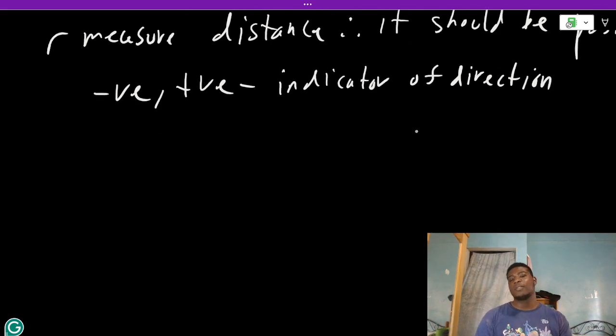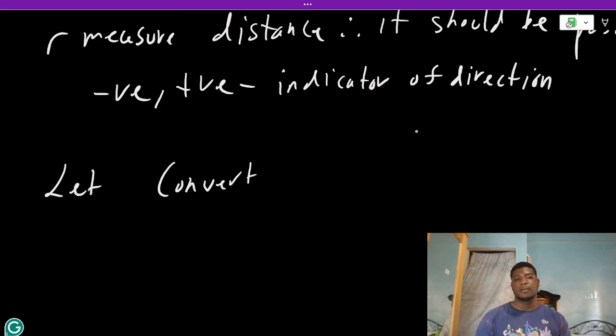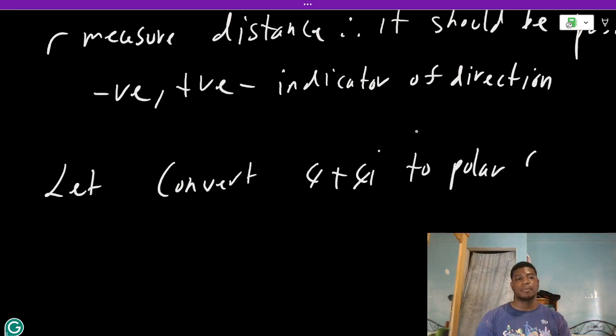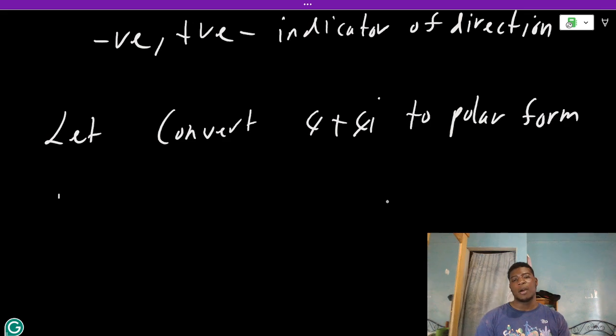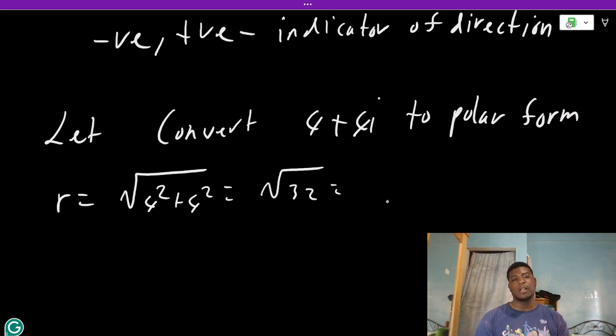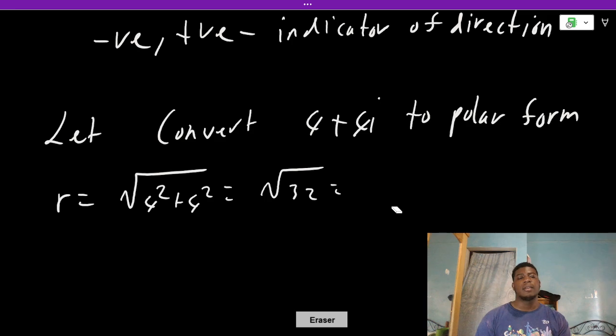Right, now let's convert 4 plus 4i to polar form. To find polar form, we must find r, which is equal to the square root of 4 squared plus 4 squared, which equals the square root of 32, which equals 4 root 2.